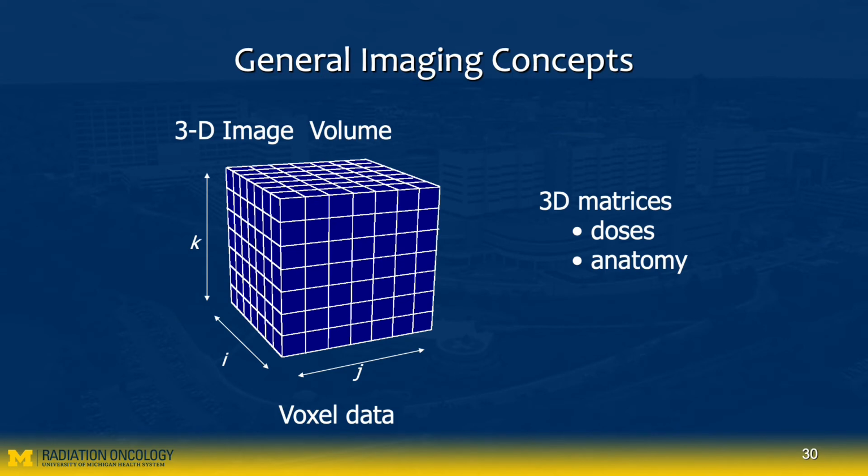So this 3D image volume can be anatomy like we just saw from CT or MRI, or it can be dose, three-dimensional dose. Each voxel will have some information, either anatomical information or radiation dose.